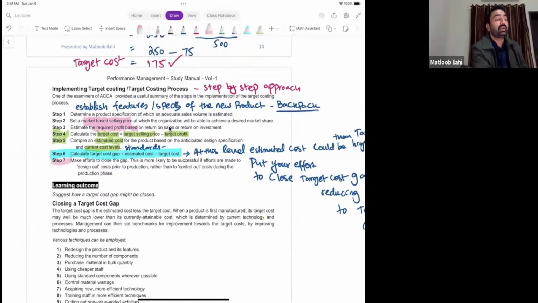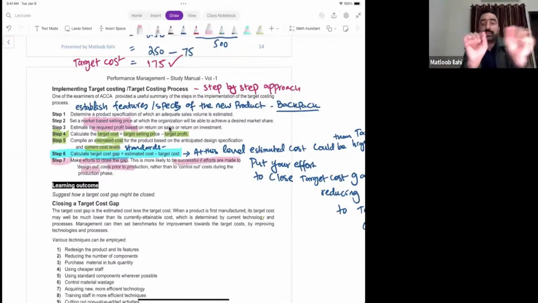This is more likely to be successful if efforts are made to design out cost. Means now, in order to reduce the cost, you have to focus on a lot of things, on design, on each specification, on materials, on components.